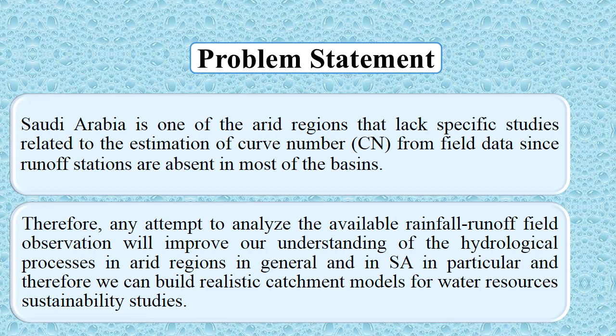Therefore, any attempt to analyze the available rainfall runoff data from field observation will improve our understanding of the hydrological processes in arid regions in general and in Saudi Arabia in particular. And therefore, we can build realistic catchment models for water resources sustainability studies.